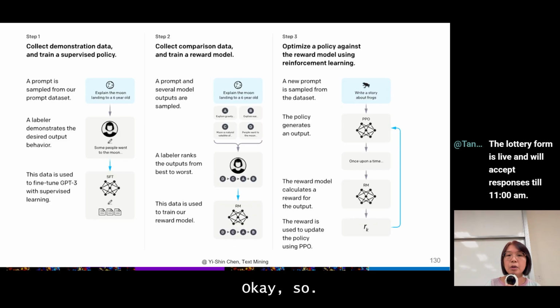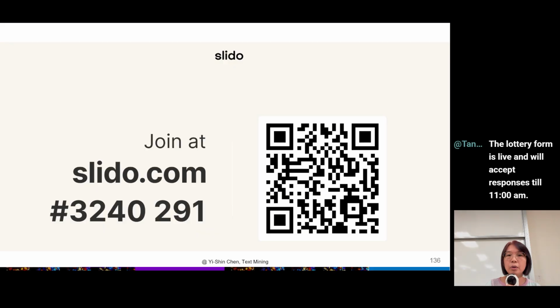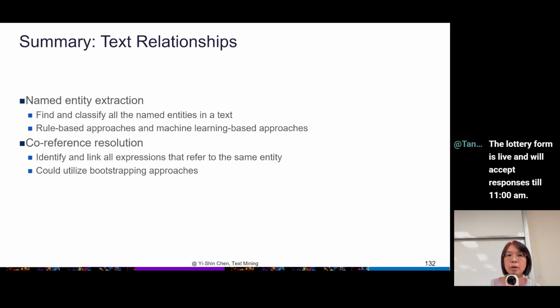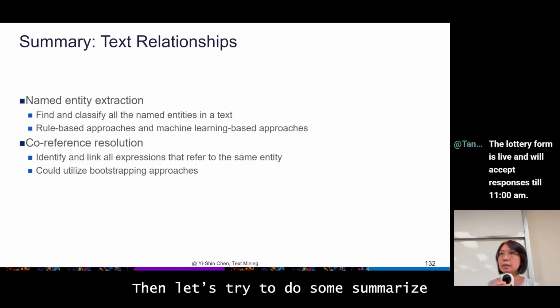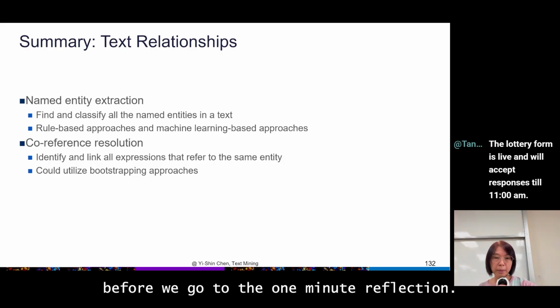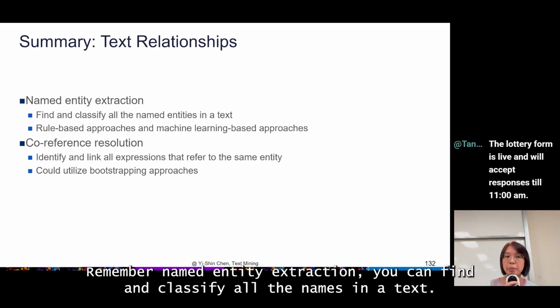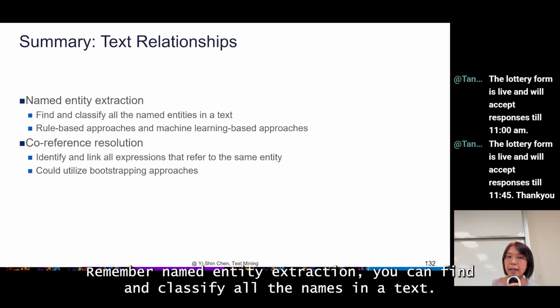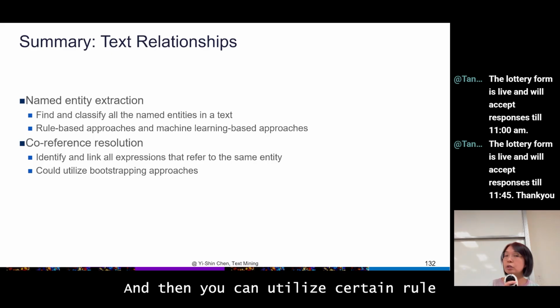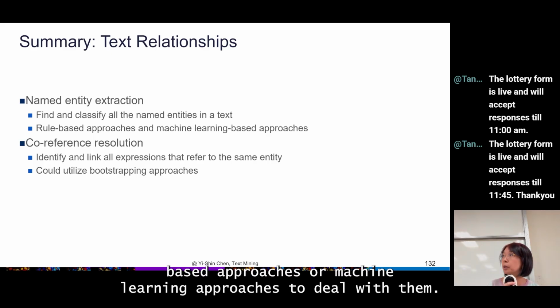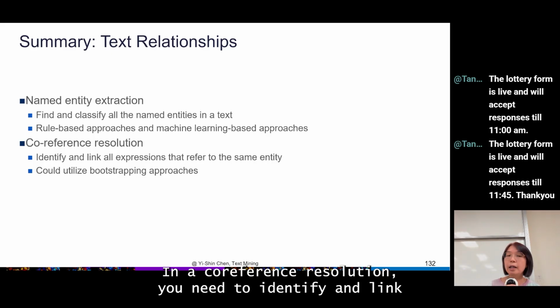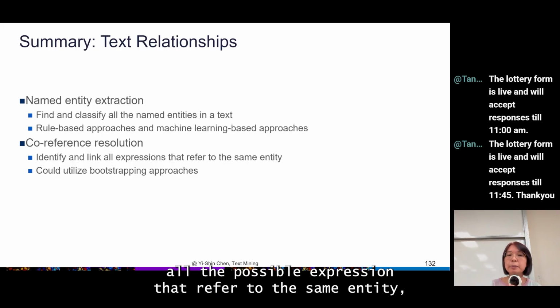Okay, let's try to do a summary before we go to the 1 minute reflection. Today we talked about named entity extraction. Remember, with named entity extraction you can find and classify all the names in the text, and you can utilize certain rule-based approaches or machine learning approaches to deal with that. In coreference resolution, you need to identify and link all the possible expressions that refer to the same entity.